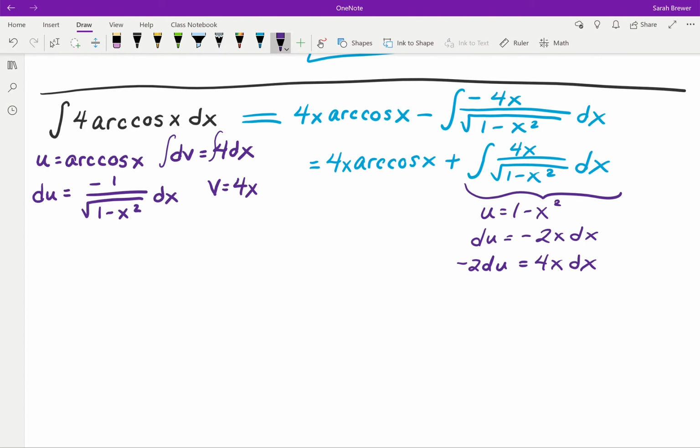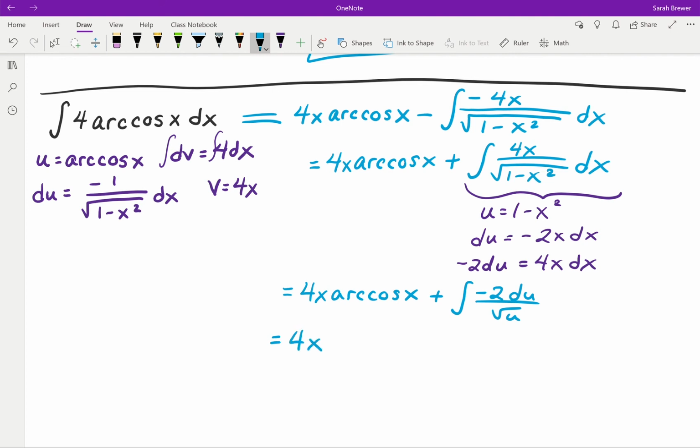And so then what we're looking at for our integral is 4x arc cosine x, plus the integral of negative 2 du over the square root of u, and I'll rewrite it on the next line.